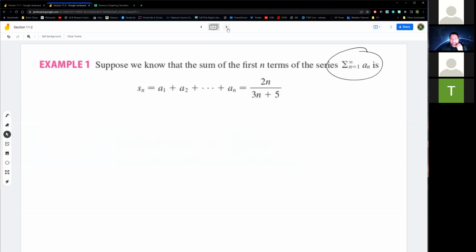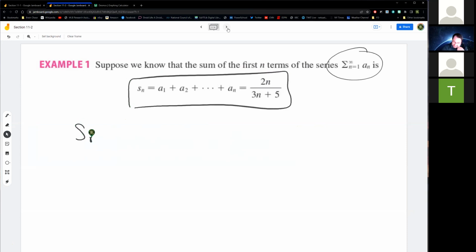And they're telling me that the sum of that equals this answer at the end. So Sn is 2n over 3n plus 5. So they've done the work for me. They gave me my equation.